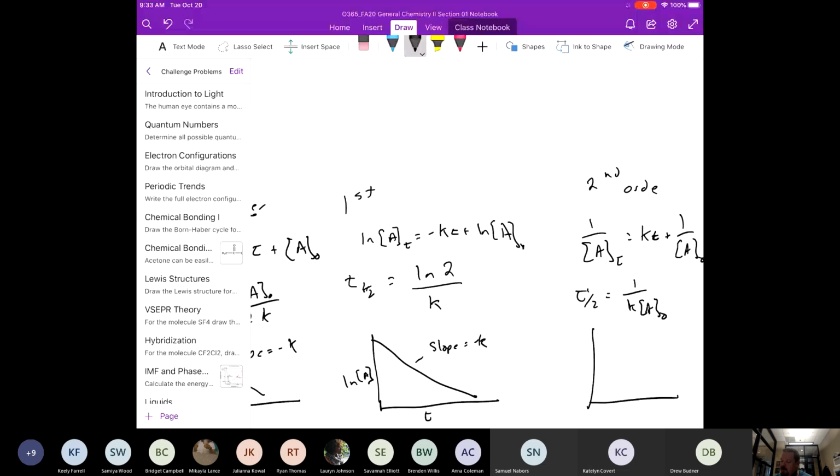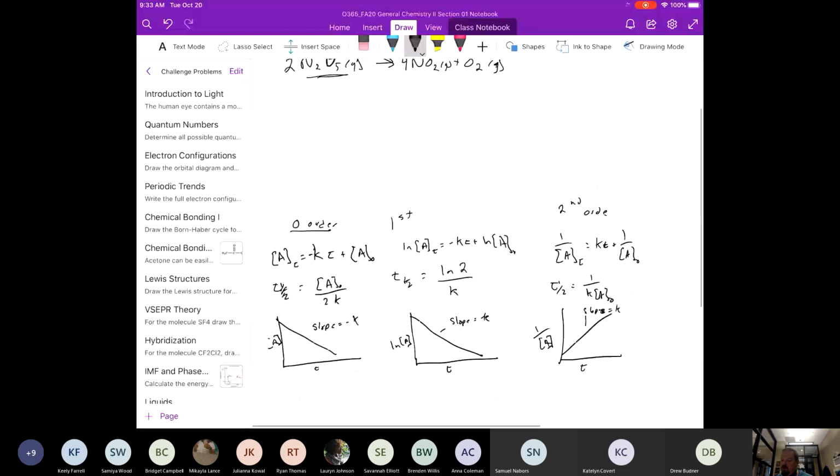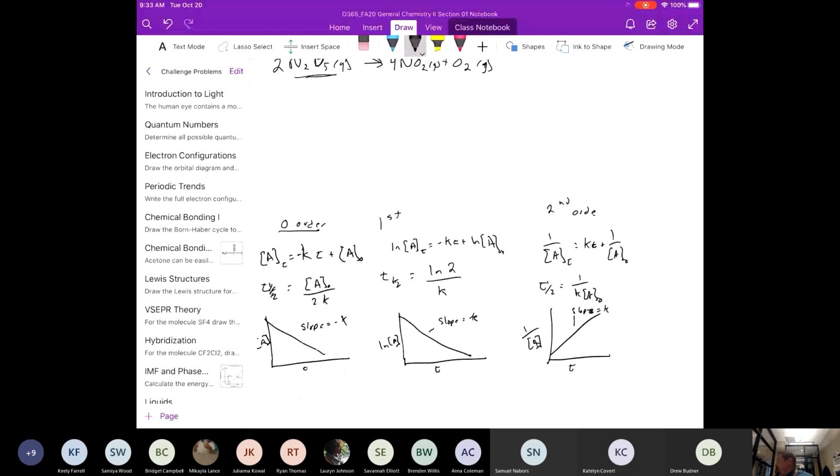When we graph 1 over the concentration of A versus time, we are going to get a straight line, and the slope is going to be equal to k. So these are the integrated rate laws for the 0, the first, and the second order.